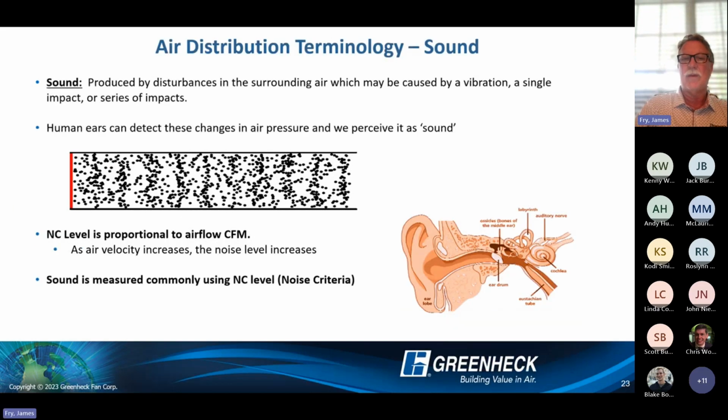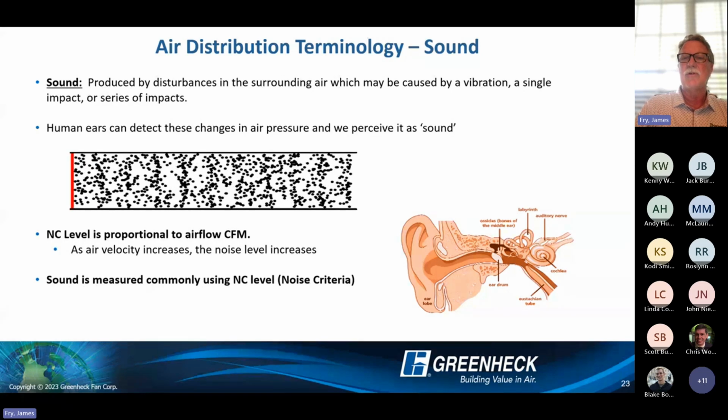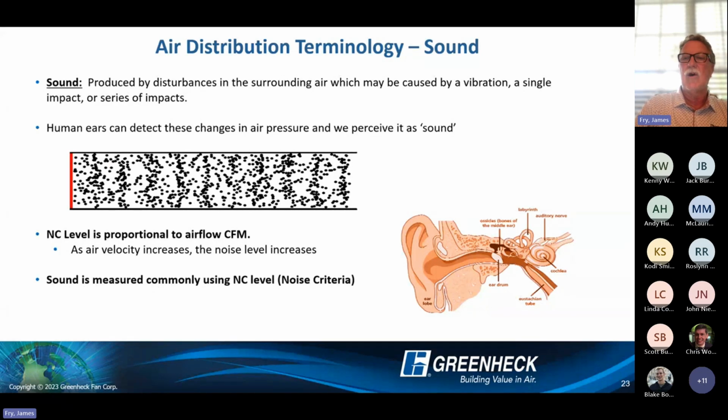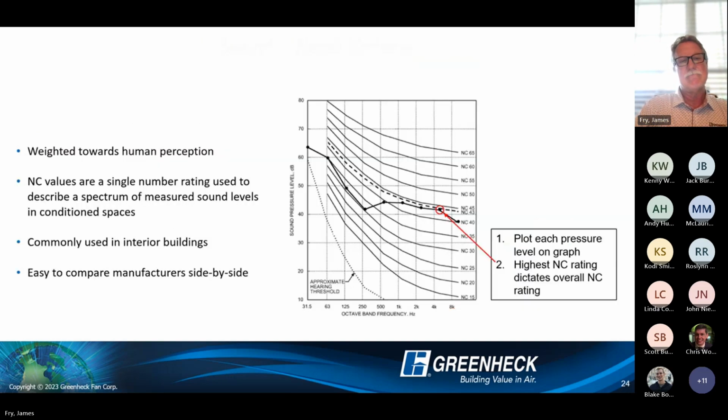We also catalog by NC criteria, produced by disturbances in the surrounding air, which may be caused by vibration, a single impact, or a series of impacts. Sound is measured commonly using the NC level in this industry as opposed to octave bands. Why?